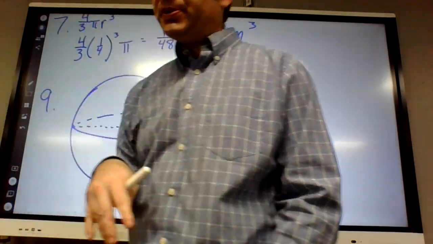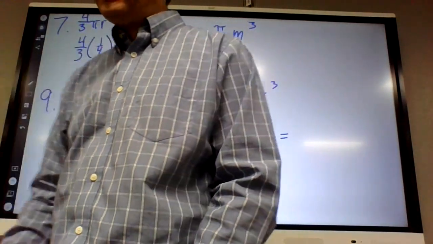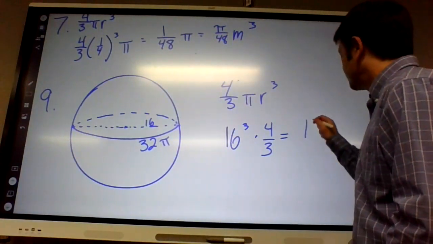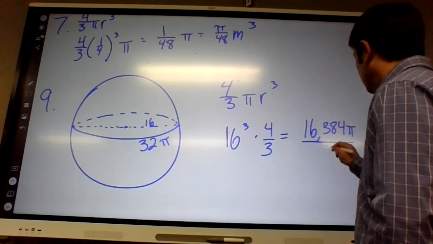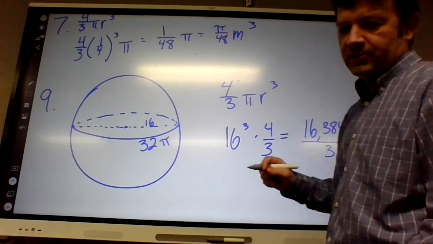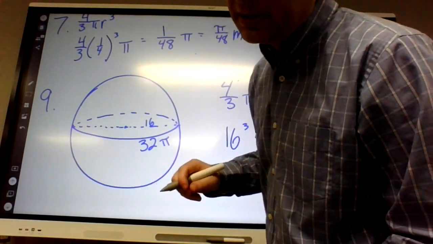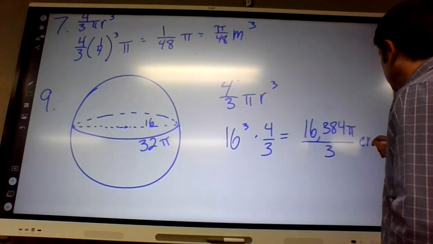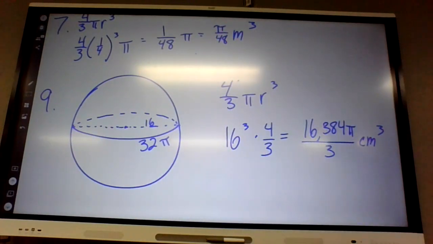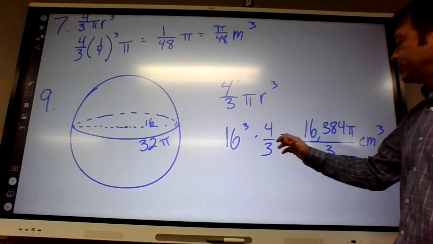I guess I'll just stick with the giant fraction: 16,384 pi over 3. I forgot what the measurement was. Centimeters. I didn't write my pi in here.